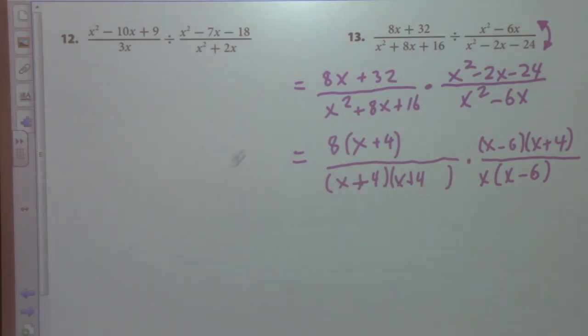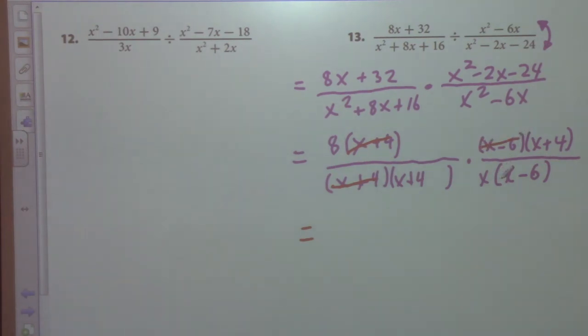Okay, so now what can we do? What happens? So then you reduce everything. You can get rid of the x plus 4, and then you go to the other one, and you get rid of x minus 6 and everything.